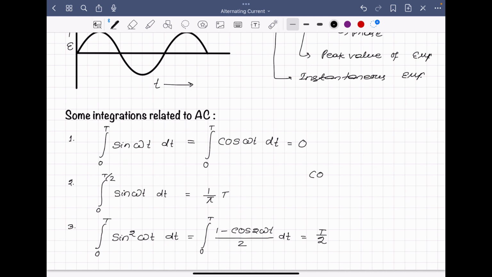As you know, cos 2 theta equals 1 minus 2 sin square theta, or 2 sin square theta equals 1 minus cos 2 theta, so sin square theta becomes 1 minus cos 2 theta upon 2. If we integrate this, then we get T by 2. You just have to remember this one.